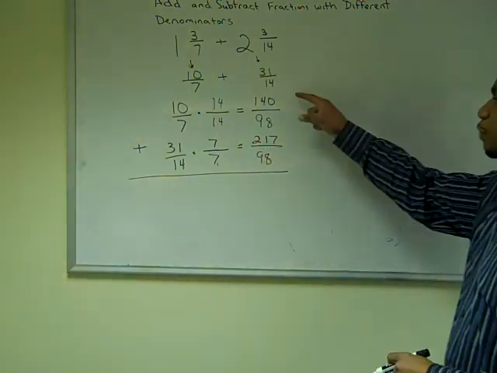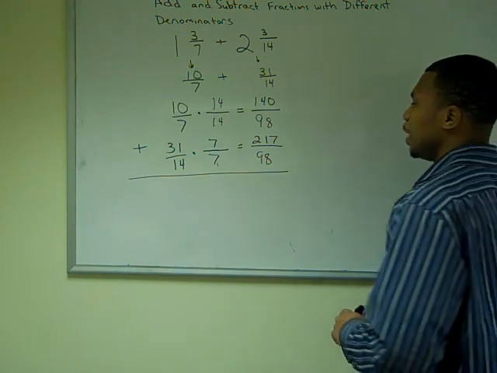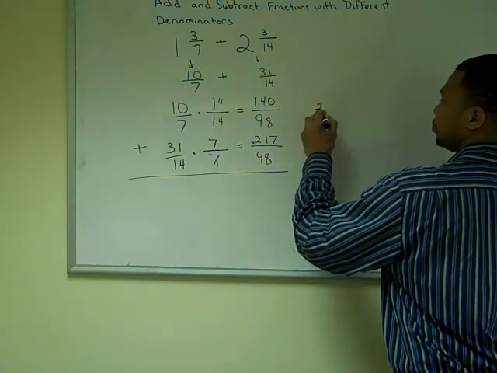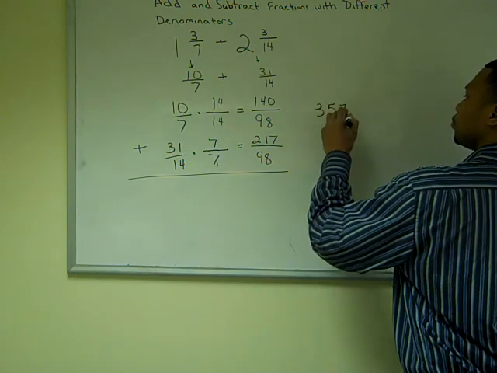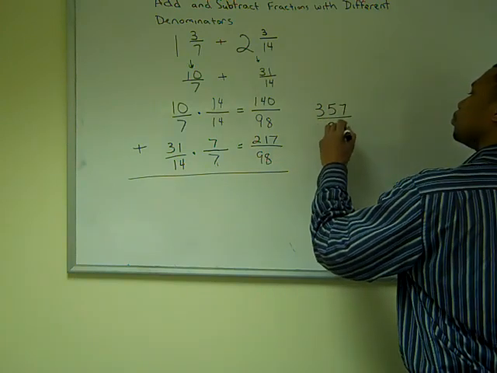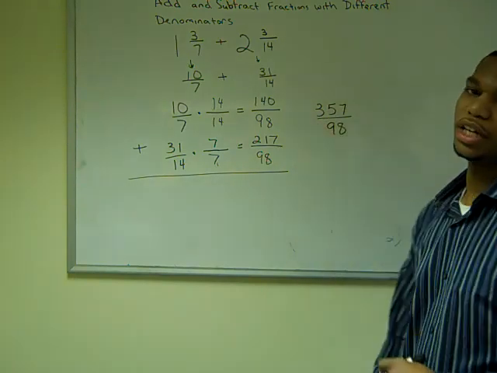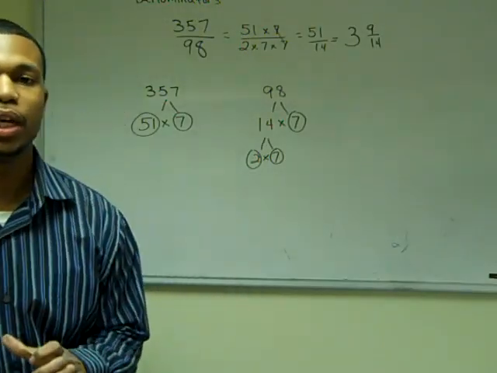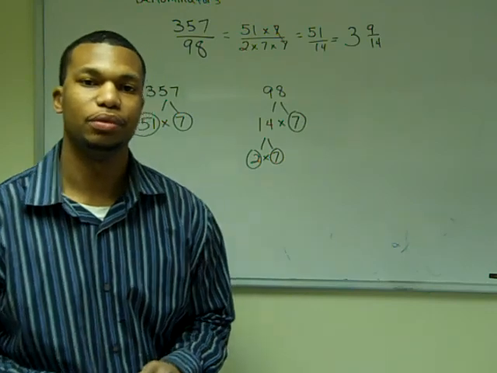Thus, when we add 140 and 217 together, we're going to get 357 over 98. Now we're going to take our 357 over 98 and reduce the fraction.